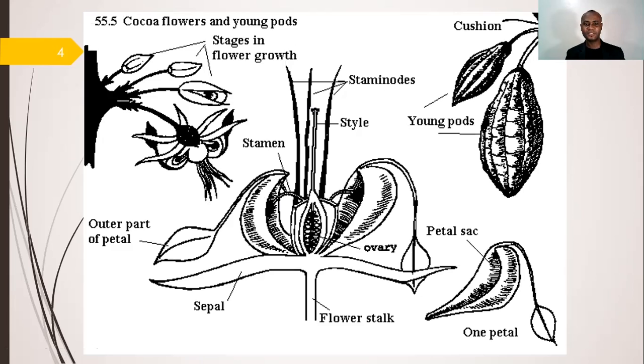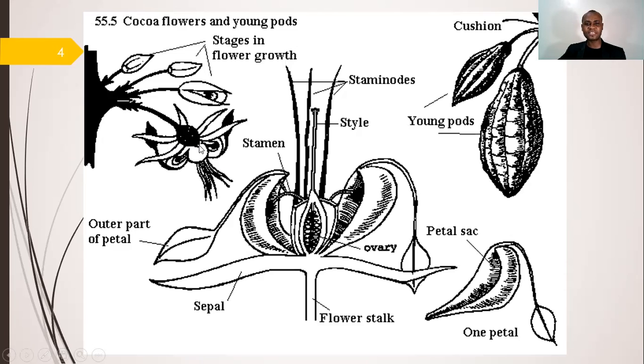We see here that the flower grows from this point, it opens, and then it opens completely. At this point, fertilization will take place.